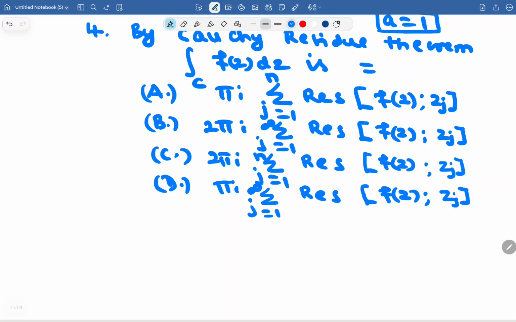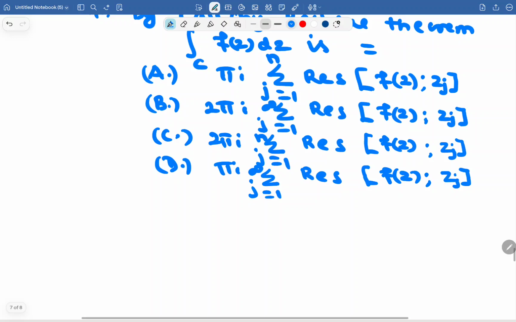See, this problem number 4 is the statement of the Cauchy residue theorem.